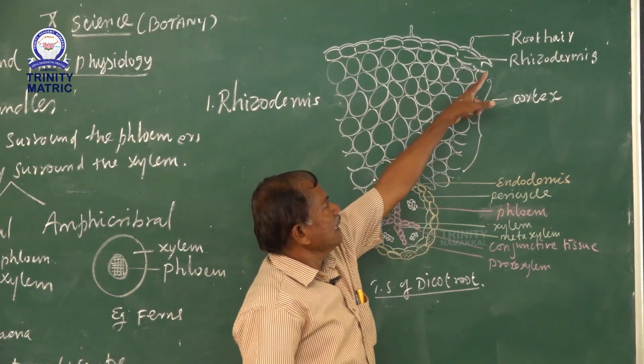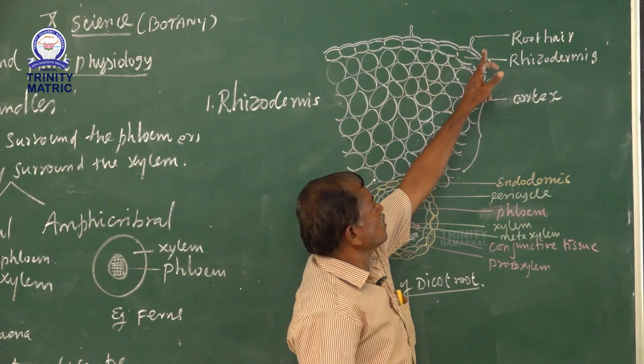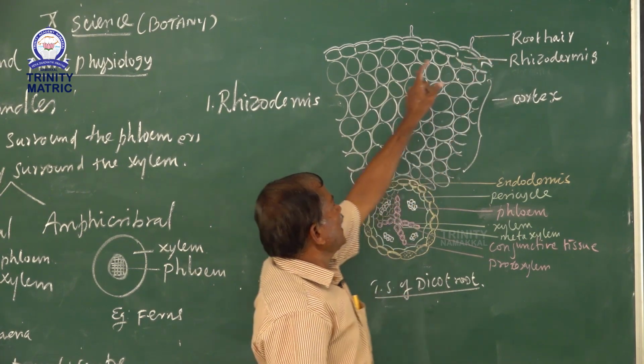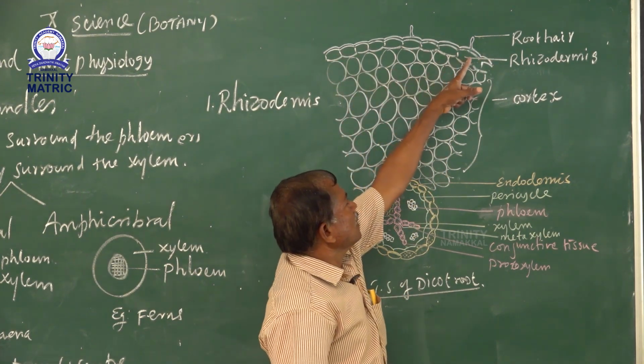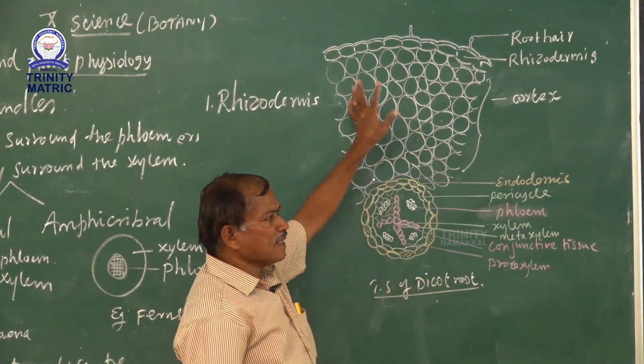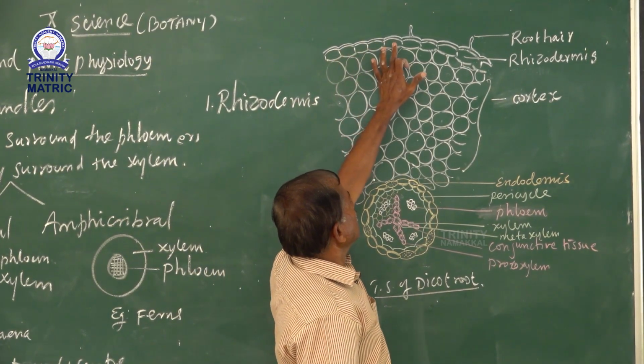First one is called the rhizodermis. Rhizodermis is the outermost layer of the root. It is made up of parenchyma cells without any intercellular spaces, tightly packed single cells.